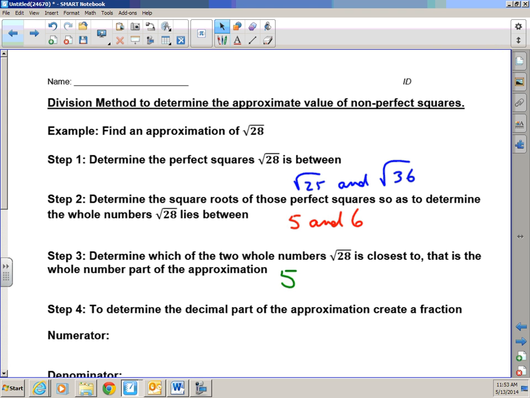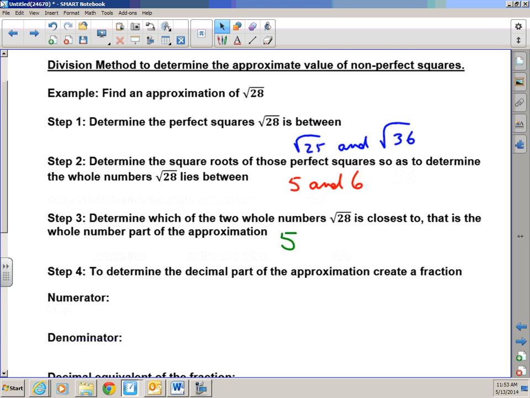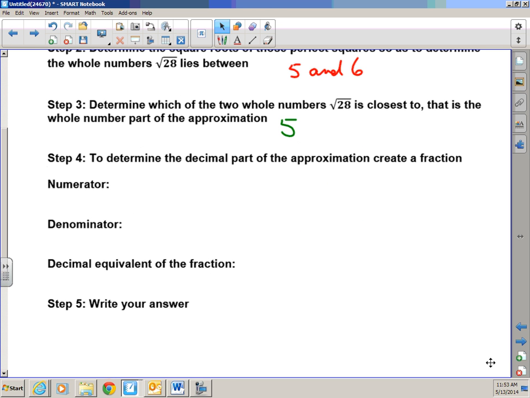Now, we did this yesterday. The next steps are what's going to be new, because now we want to tack on our decimal part. So the little formula is we want to create a fraction. And the fraction is as follows.